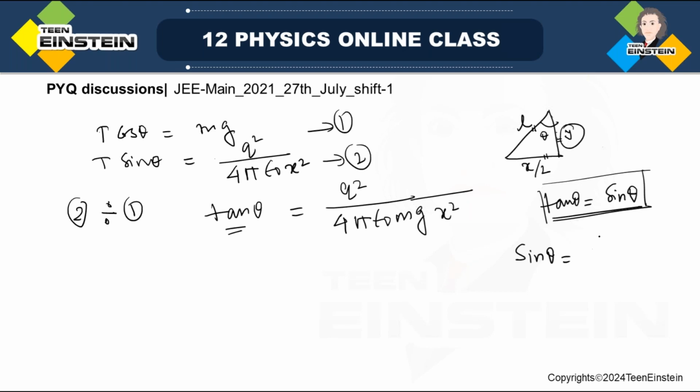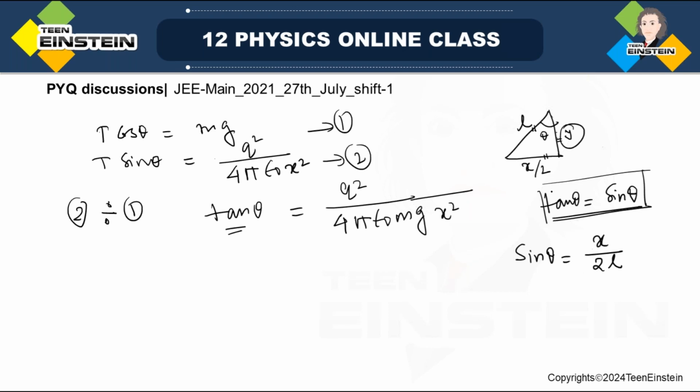Okay. So perpendicular is actually x by 2 and that is L, so x by 2L. Okay.